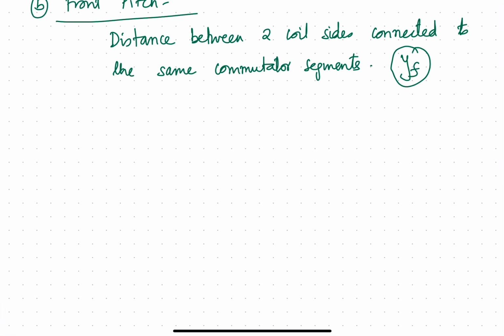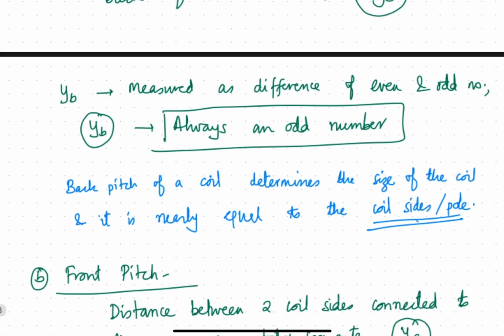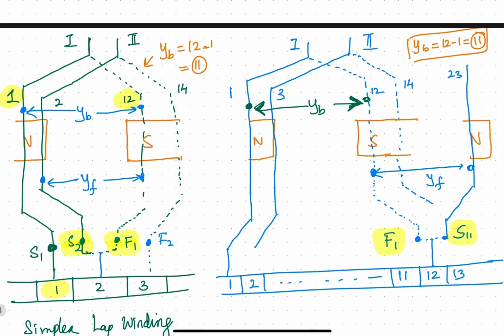Okay, so for the lap winding, let me go back to the lap winding. What is the front pitch? It is 23 minus 12.